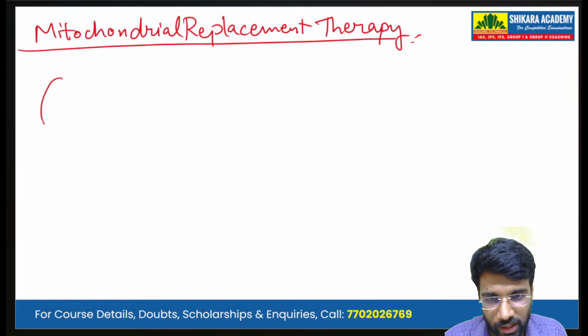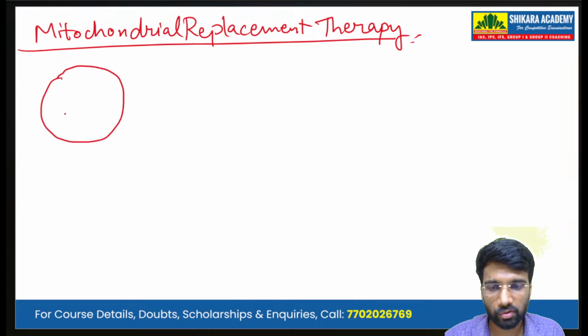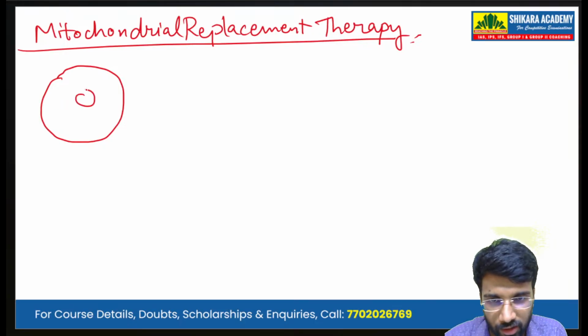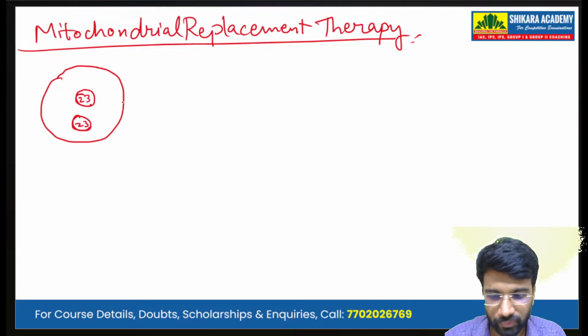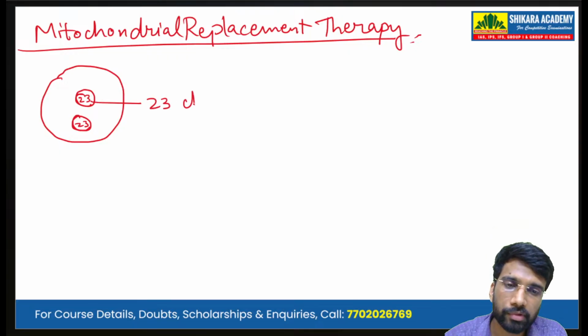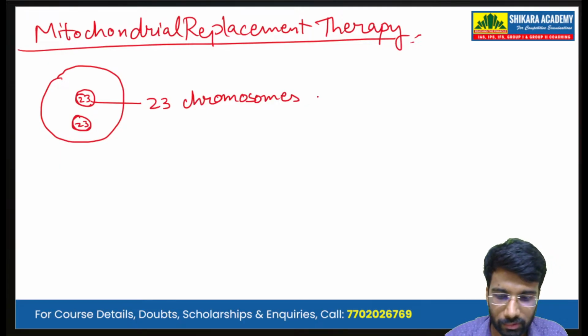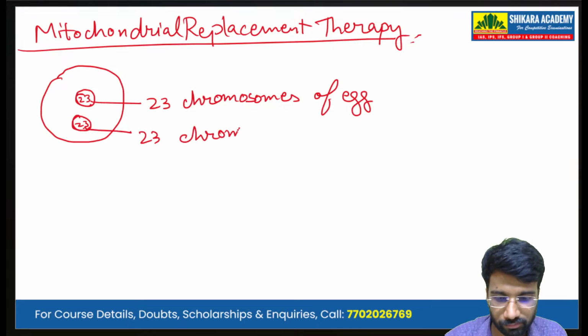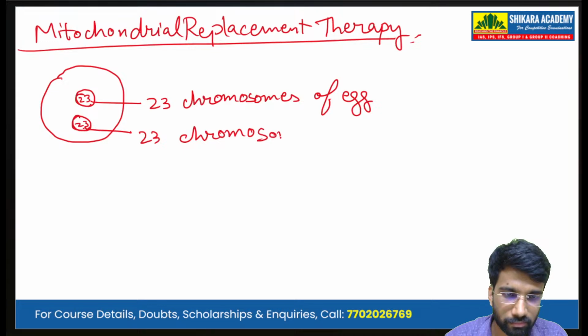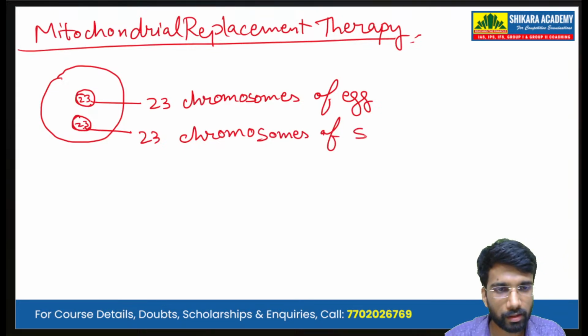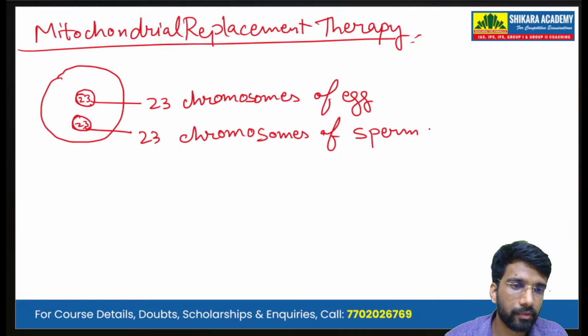In the zygote, if this is a zygote, we have 23 chromosomes of egg and 23 chromosomes of sperm nucleus.